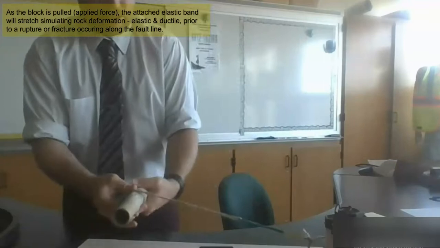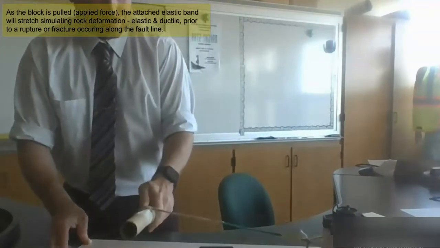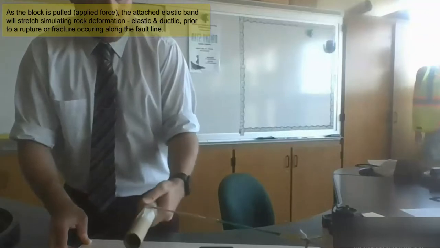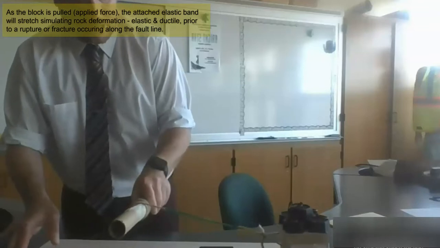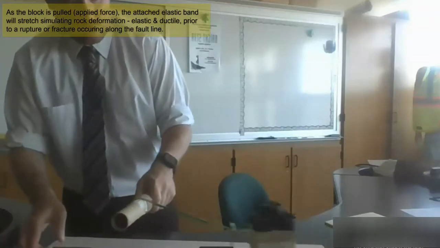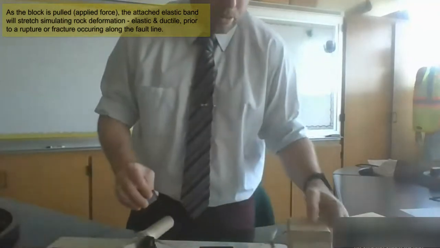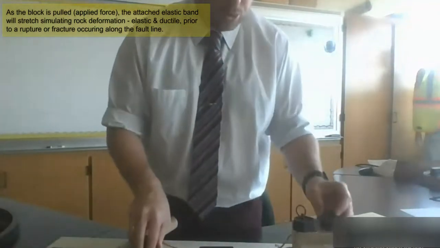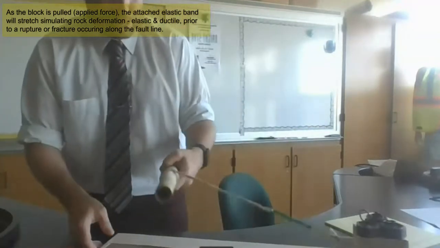As I try to pull it across, you're going to have a lot more friction and a lot more difficulty. Eventually it's going to jump forward. You might have too much weight, so maybe only use 1, 2, or 3. You can change that, but make sure each trial has the same amount of weight on.